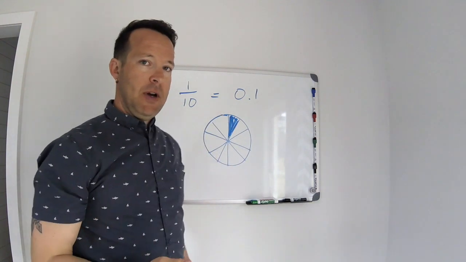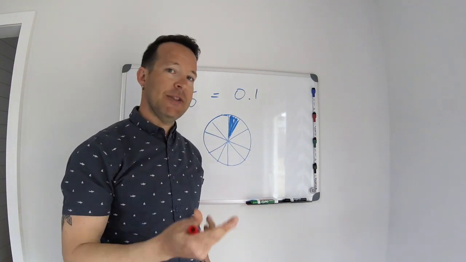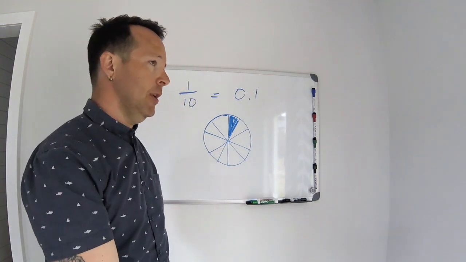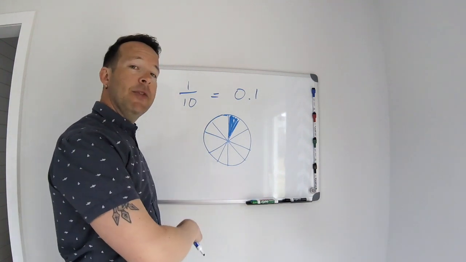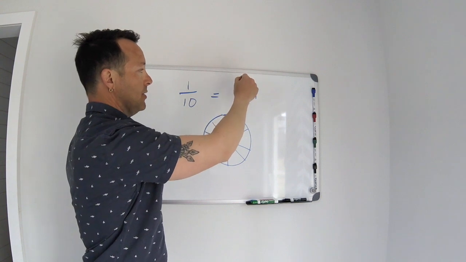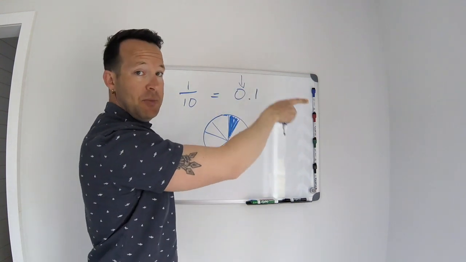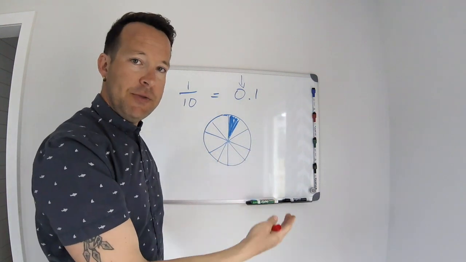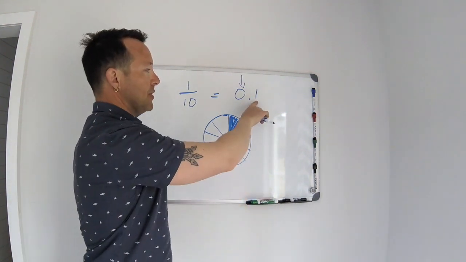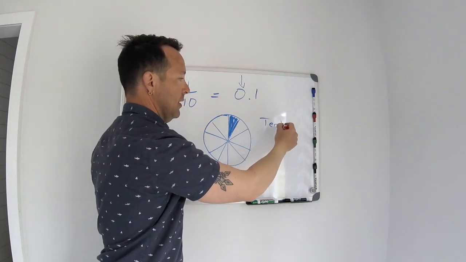So we know our place values: ones, tens, hundreds, thousands, 10,000s, and so on. You guys know those. Now on the other side of the decimal, after the ones column, we get new place value names. The first one is called tenths, and it's written just like it sounds.